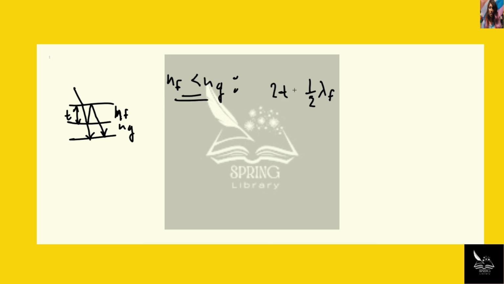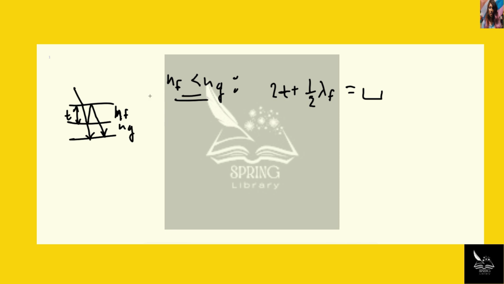And then because of the additional path length traveled, you have 2t for the rest of the net phase shift. So your net phase shift is 2t plus 1/2 of the wavelength in the film. And then you set that equal to something, right?